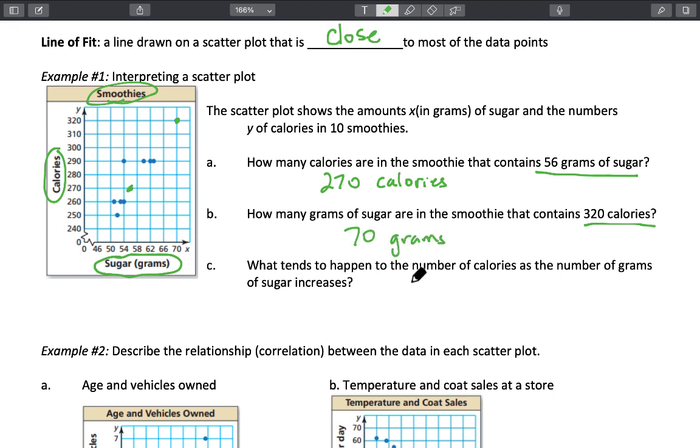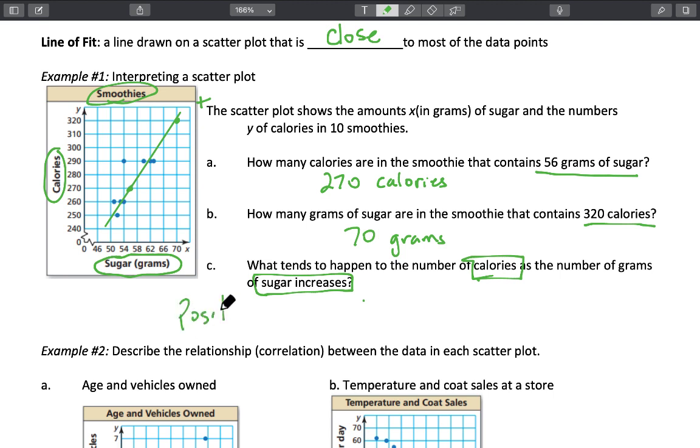Finally, it says what tends to happen to the number of calories as the number of grams of sugar increase. So we want to know what's happening to calories, my y variable, as grams of sugar, my x variable, increases. And you can see here, if I were to draw a line through most of those data points, it looks like it has a positive slope.